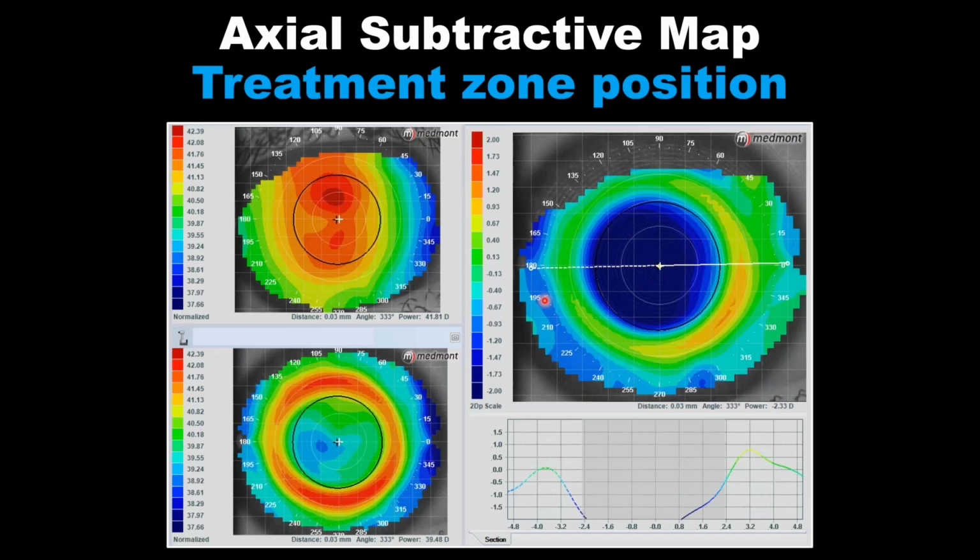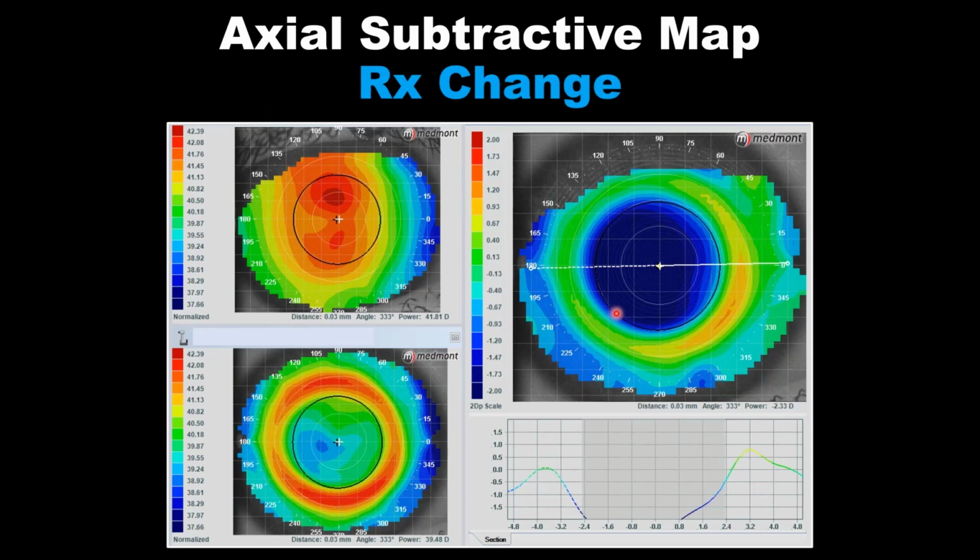So what the axial subtractive map does is it tells us visual indicators. As an example, we could look at the border of the blue treatment zone and say, does it cover 100% of the pupil? If we think of this like refractive surgery, did our ablation stretch its way across all the pupil borders to reduce the aberrations as much as possible and create the best possible vision for the patient?